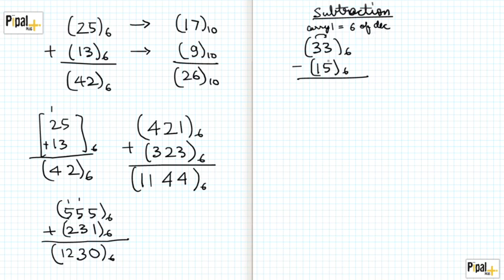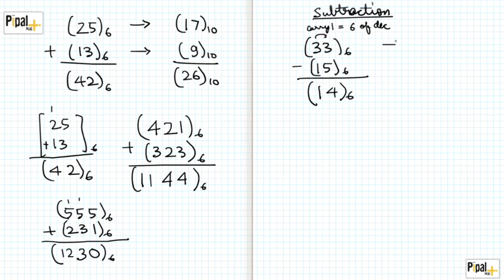Now I can subtract 5 from 9 and I get 4. And 4 is the same representation in both decimal and base 6. Now this 3, because it has given 1, is left with 2. So we have 2 minus 1, 1. So we have 1 4 in base 6.